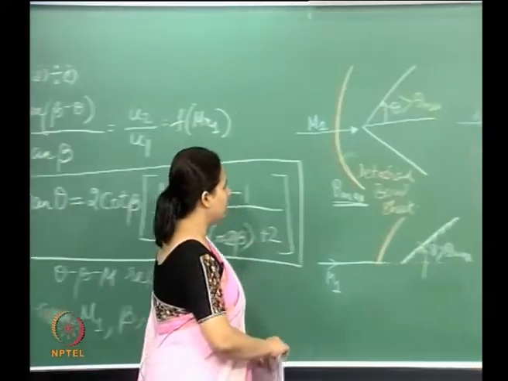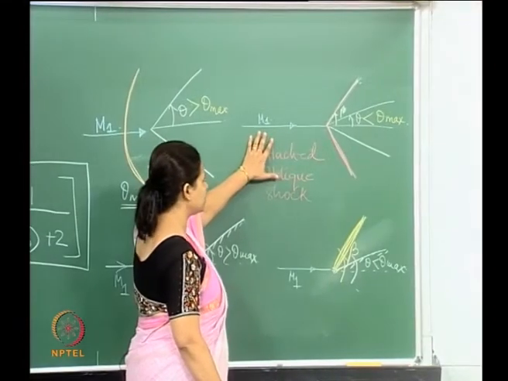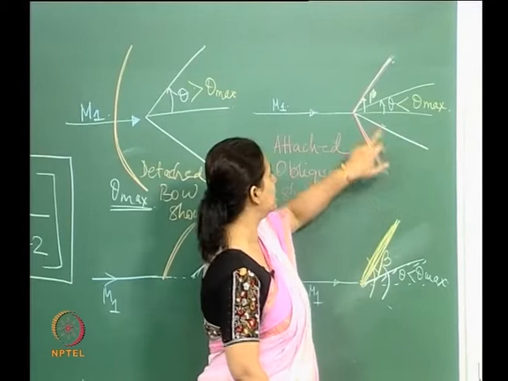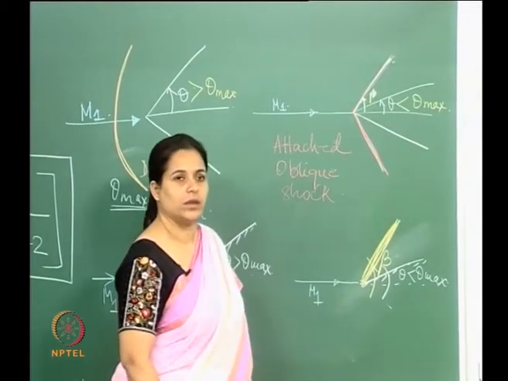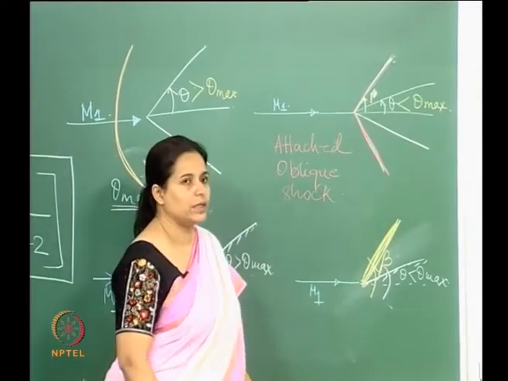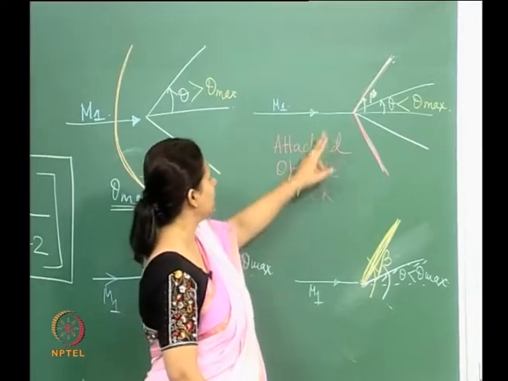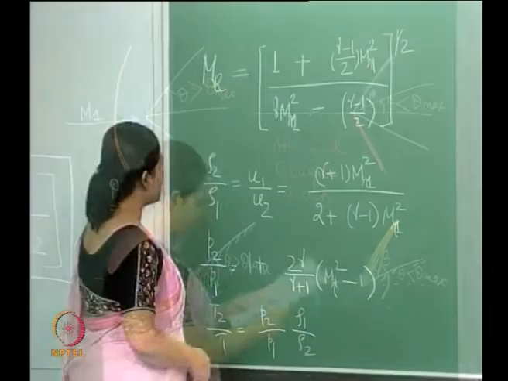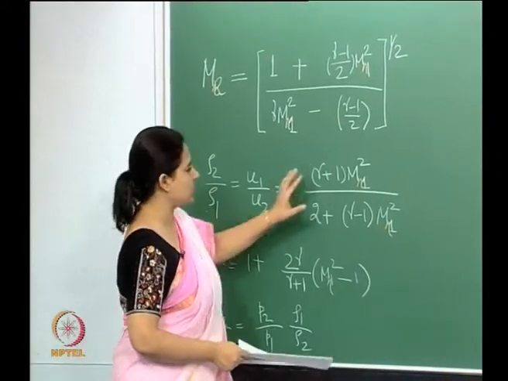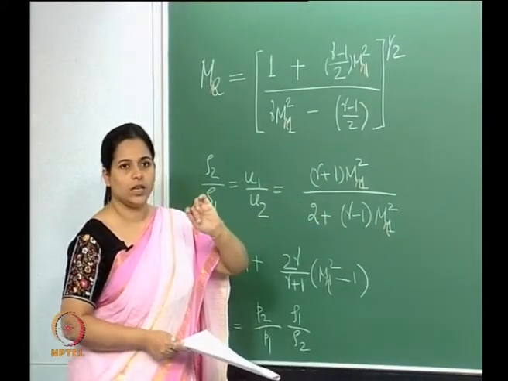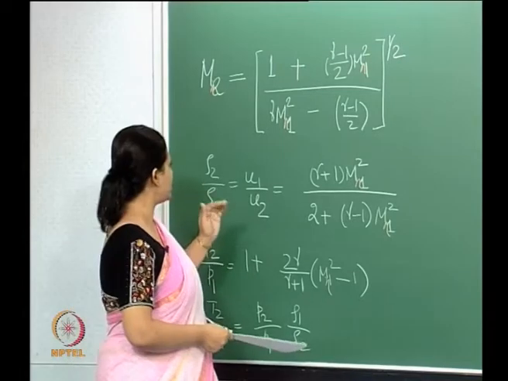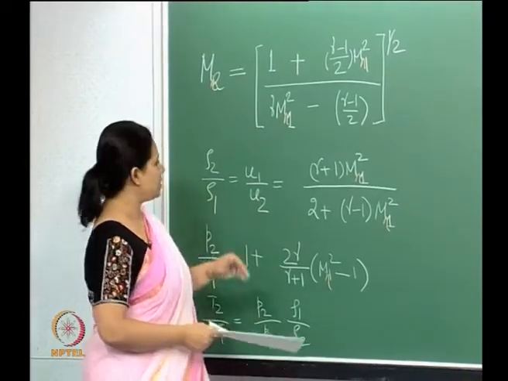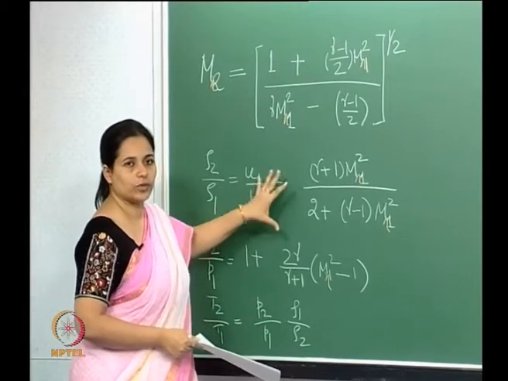For a given Mach number and for the given geometry, there are two possibilities for beta, beta 1 and beta 2, in which this shock is going to be generated. So now let us introduce beta, which is the shock wave angle, into this equation and see if we can infer some things more from this relationship.